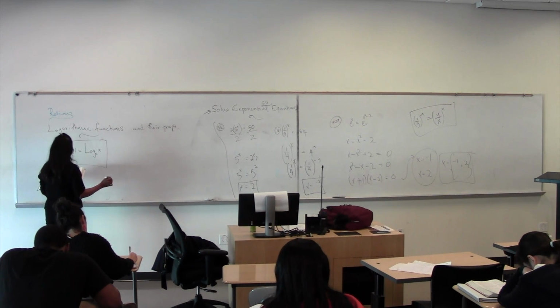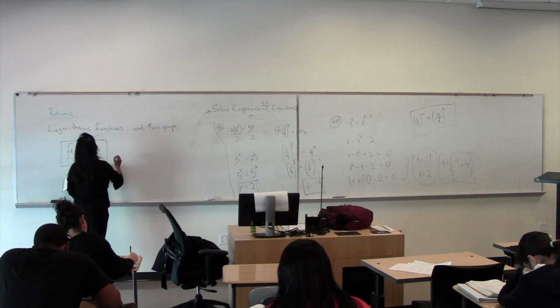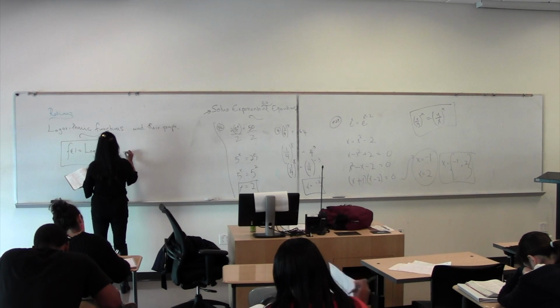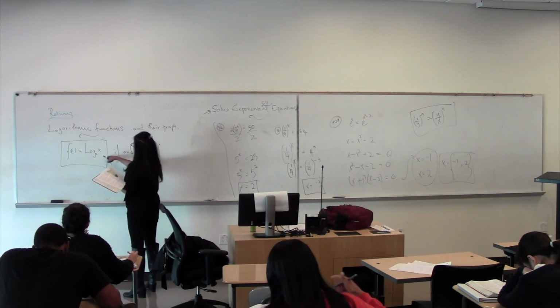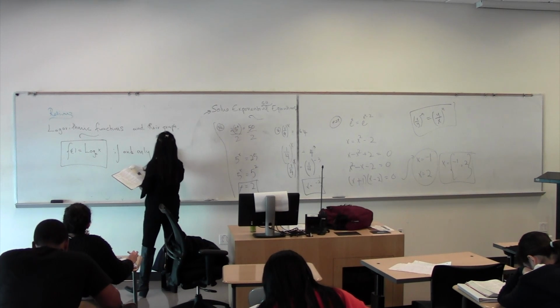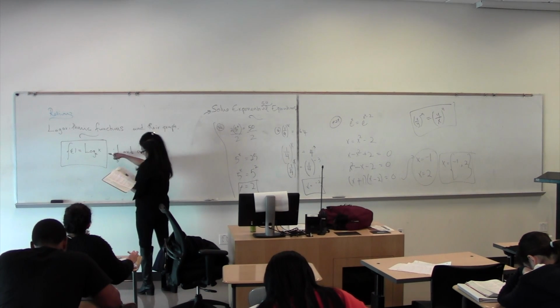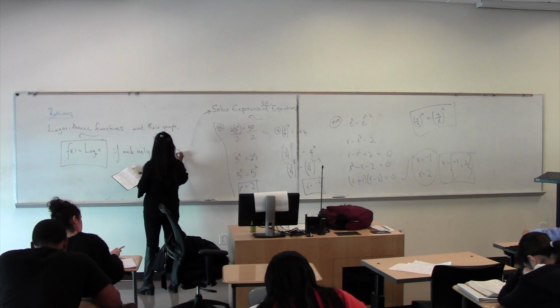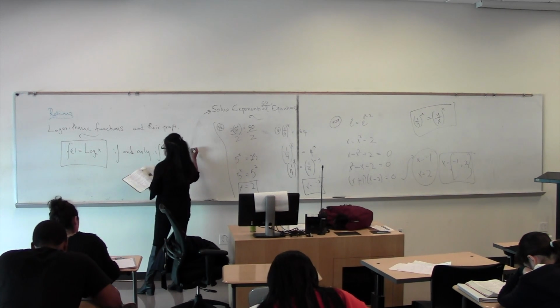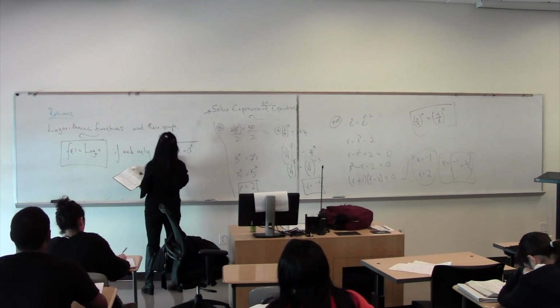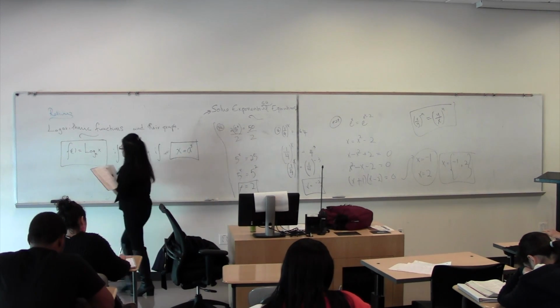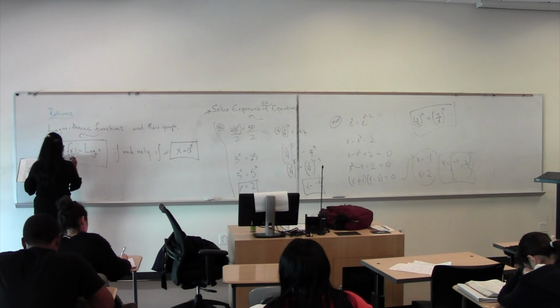This is the logarithmic function if and only if this is the case. What this means is that x equals a to the power y. Now this value is the y, we know this is y.